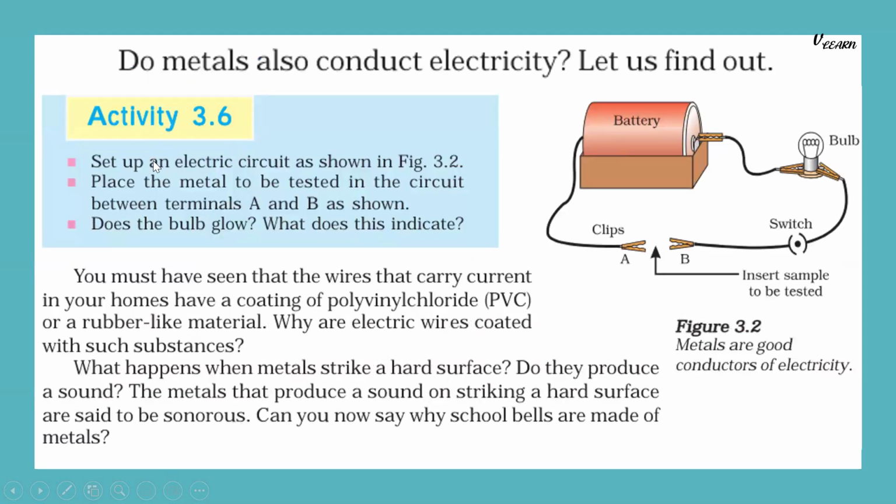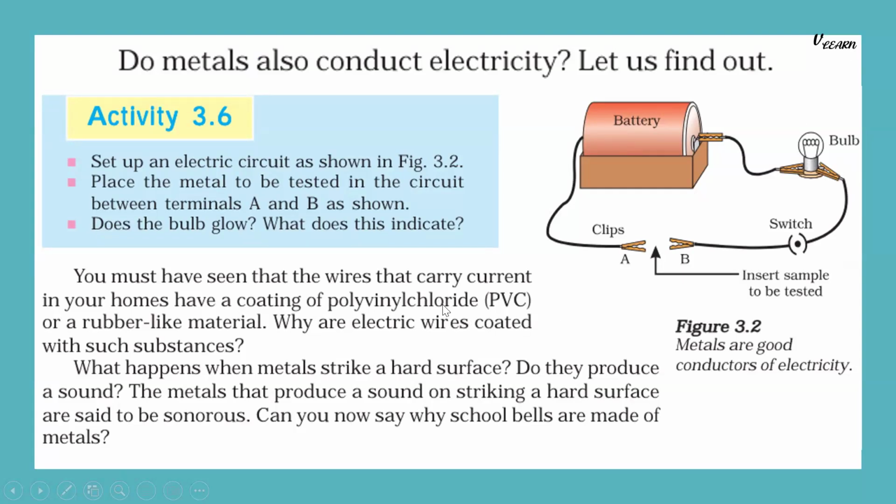Next one is activity 3.6. Set up an electric circuit. Place the metal to be tested in the circuit between terminals A and B. Does the bulb glow? So this is an electric circuit, and between A and B you have to connect a metal. Once you switch on the circuit, the electric current from the battery will reach point A, and through the metal it can reach point B. The electric current can easily reach the bulb and the bulb will glow.